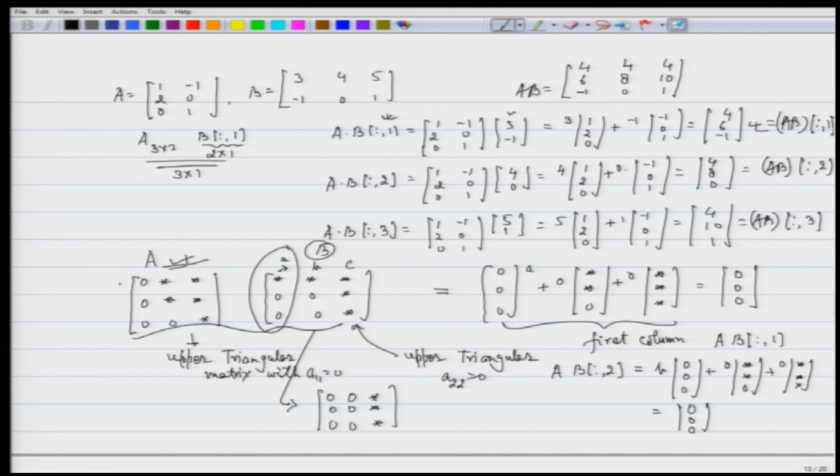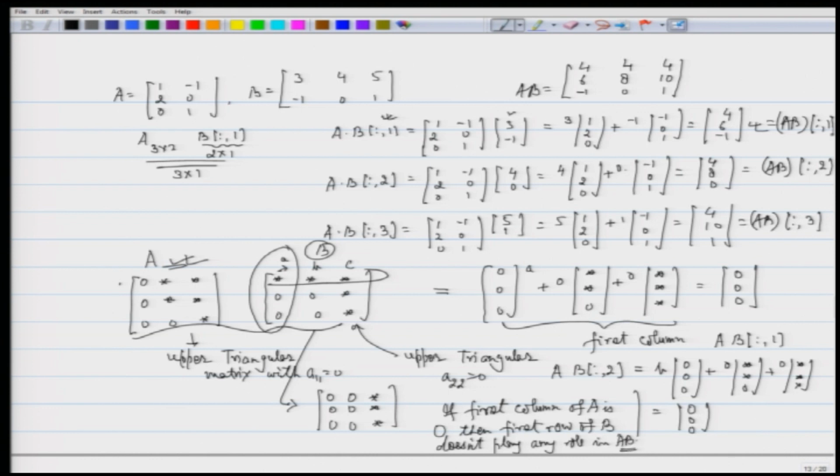What it tells me is that if I look at the matrix A, its first column was 0. So, in my B, the first row does not play a role. So, what I am saying is that if the first column of A is 0, then the first row of B does not play any role in AB.